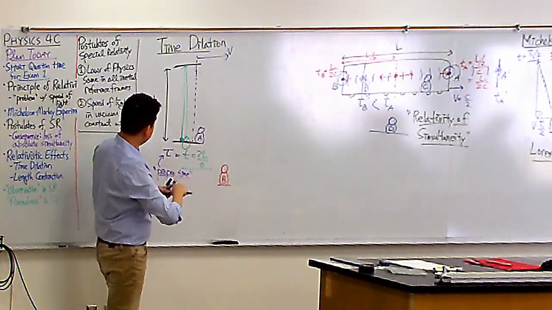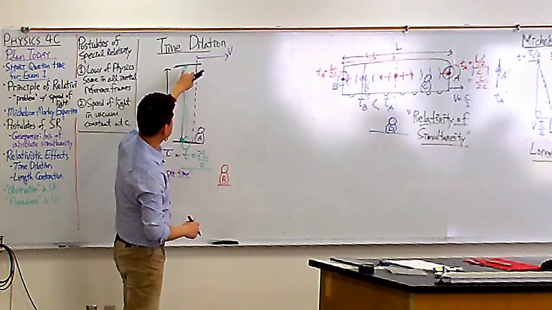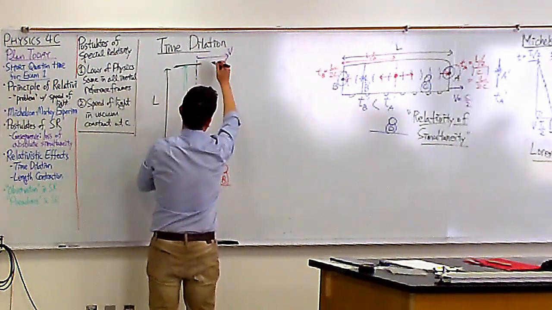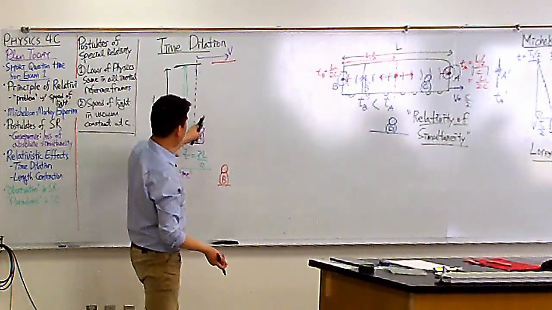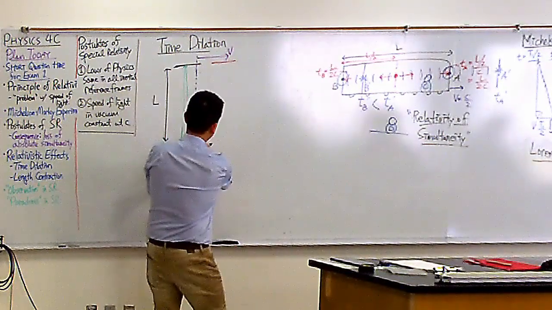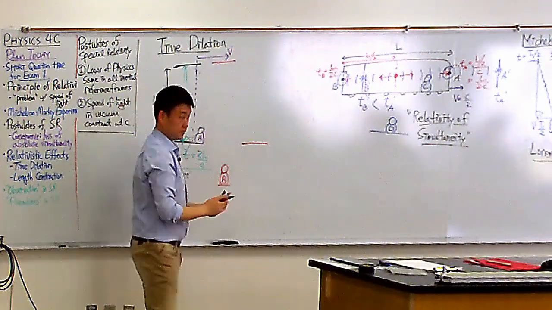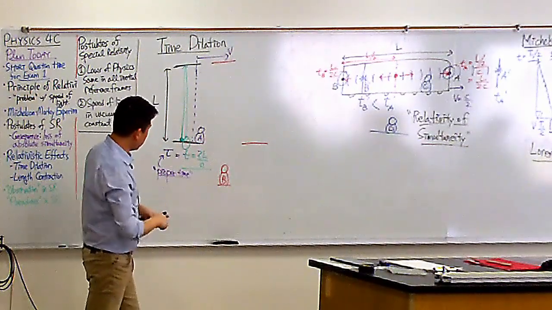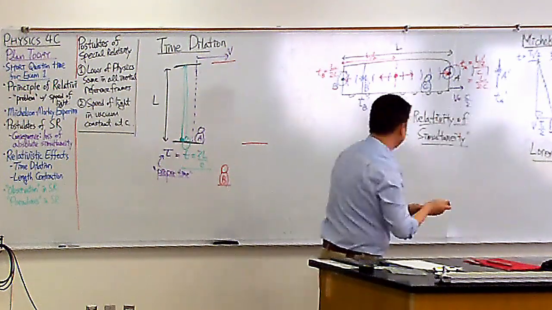No, they are moving, right? So as this light reaches here, this mirror actually moves over here. And in the amount of time for the light to come back, this bottom mirror has moved even more, over here. Okay? So the path of the light for observer B should look something like this.